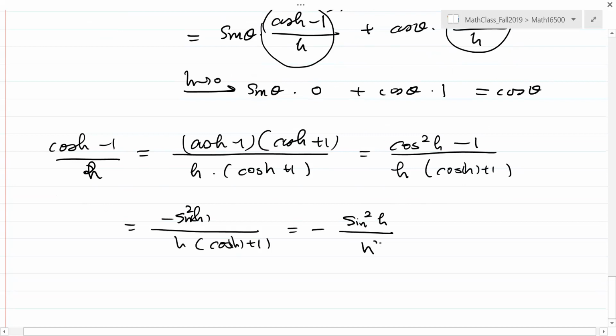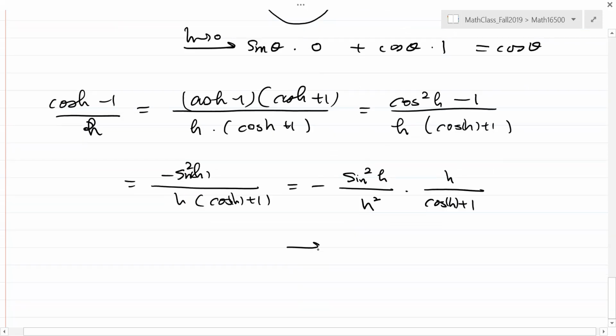I have to put h square here, then h. Clearly, the first part approaches 1, but the second part approaches 0 over 1 plus 1. So it's 0. Cosine h minus 1 over h approaches 0 as h approaches 0. So we verify this.